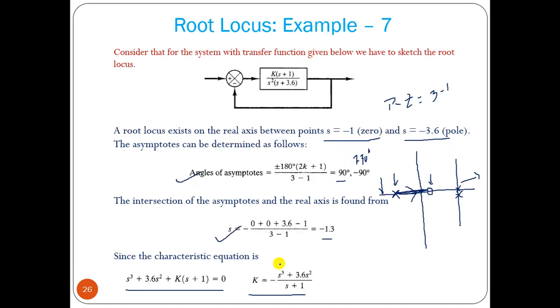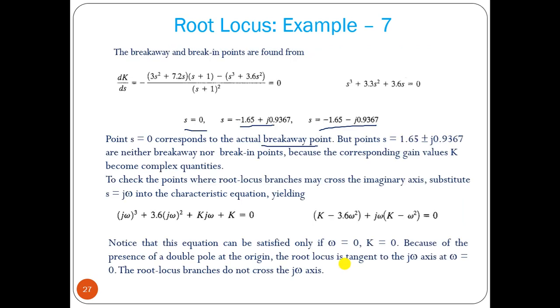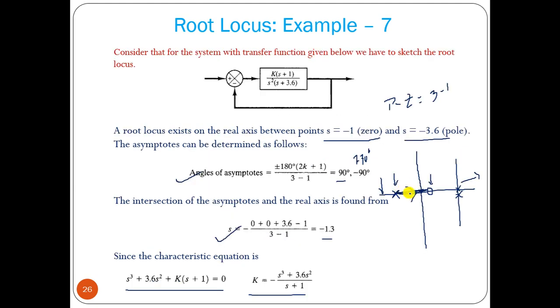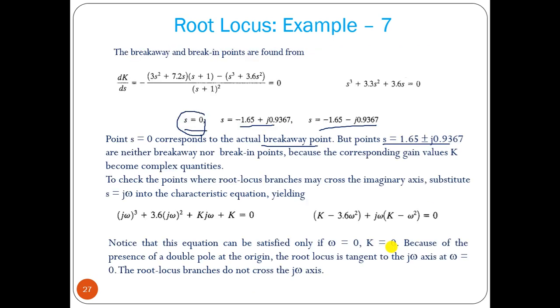If we put s equal to 0 in the k equation, it will be 0. But if we put in the complex numbers, those are not valid. So s equal to 0 is the breakaway point. That means it should start from here and go this way. That should be the plot now.